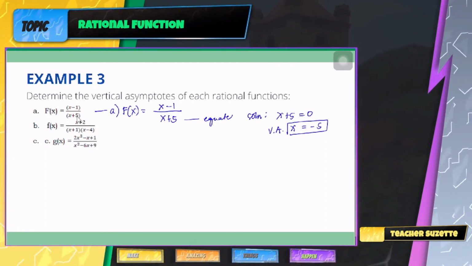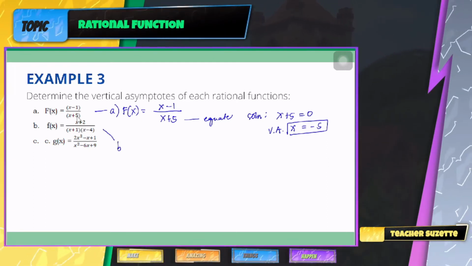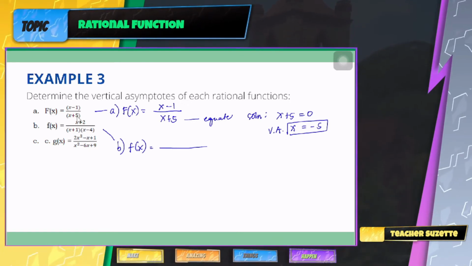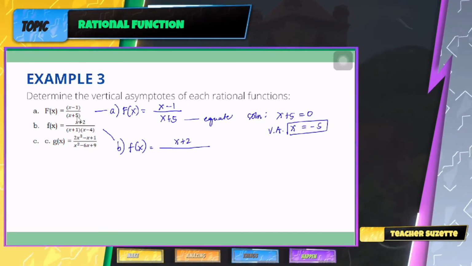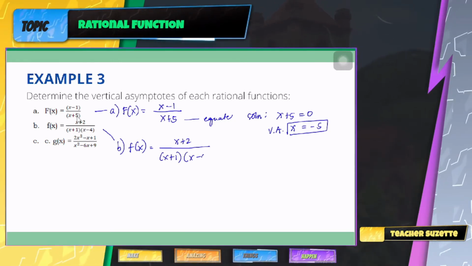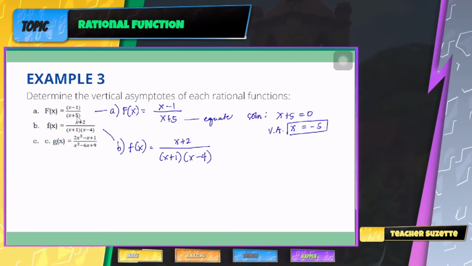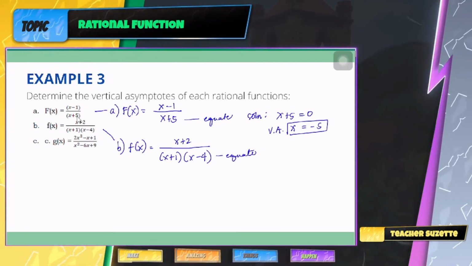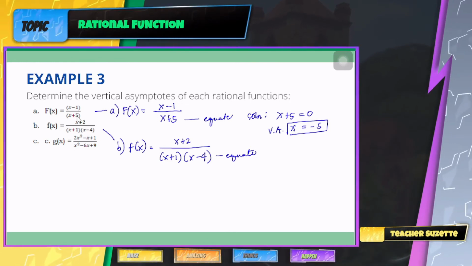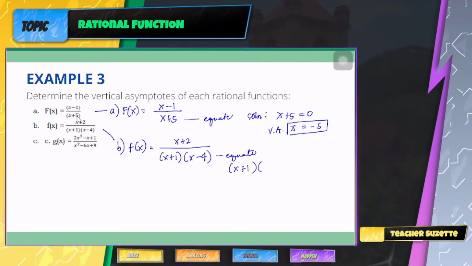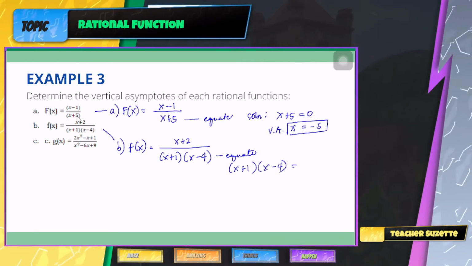Next, let's have letter B. We have f of x is equal to x plus 2 over the quantity x plus 1 times x minus 4. Same as before, we equate our denominator to 0: x plus 1 times x minus 4 is equal to 0.